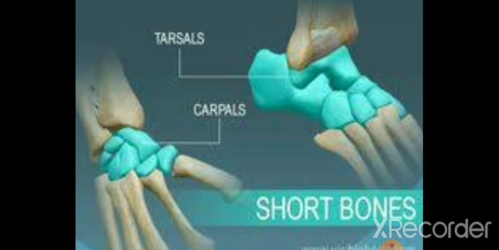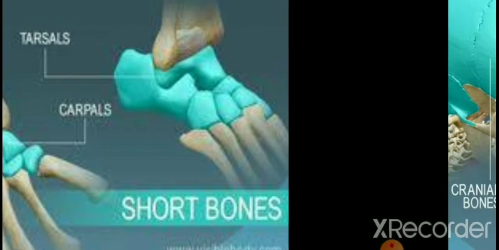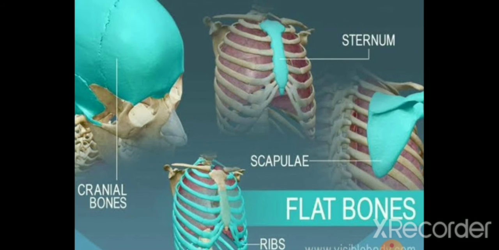They are located in areas where strength, compactness, and limited movability are highly desired, such as the knee, wrist, and ankle.